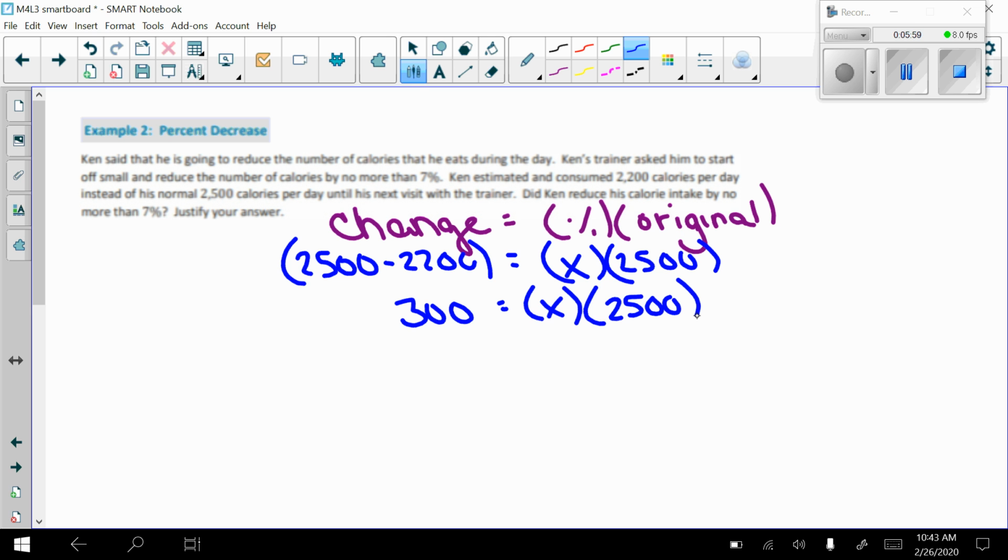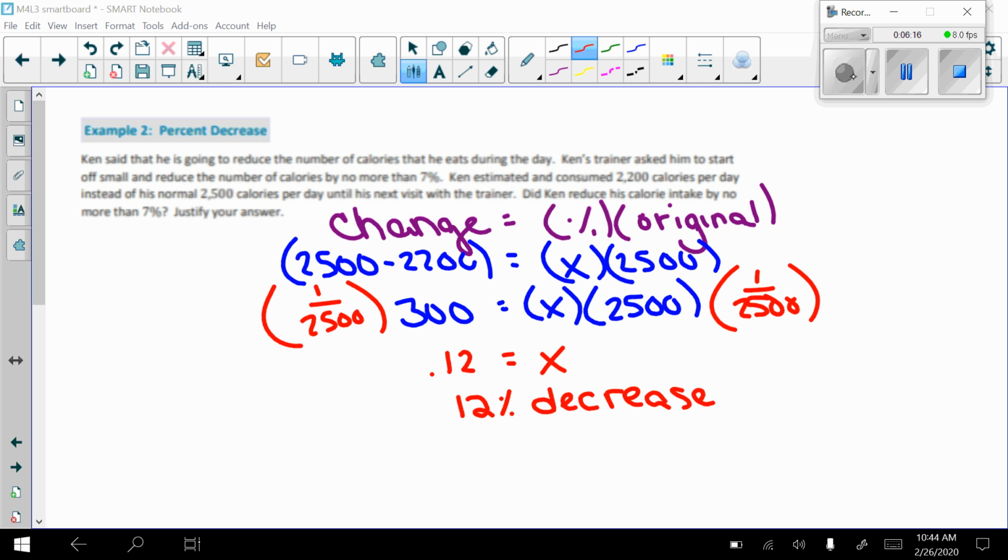All right, so these numbers might be a little larger, but it's still done the same way. We found what our change is. We don't know our percent, so it's x. We determine what is our original. Solve the equation. Go ahead and pause it, give it a try. Did you come up with a 12% decrease? And did we answer the question?